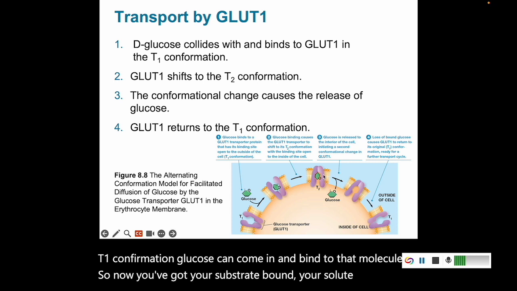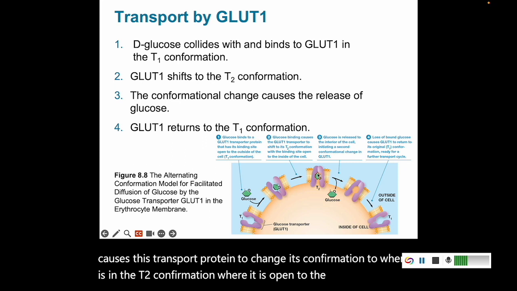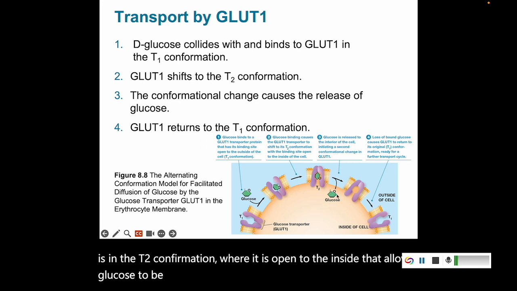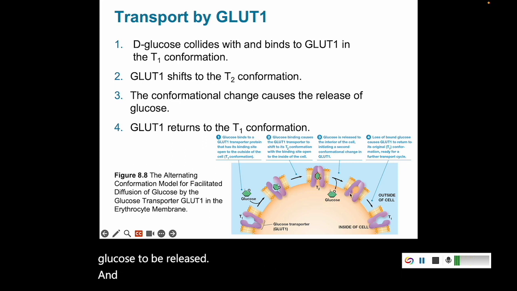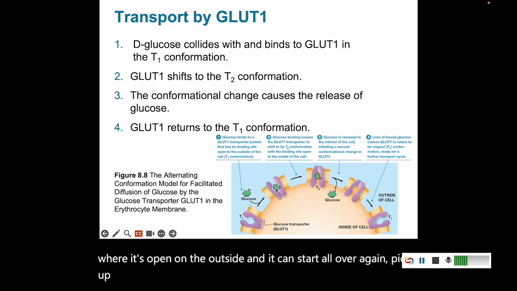That causes this transport protein to change its conformation to the T2 conformation, where it is open to the inside. That allows glucose to be released. And then your empty transporter shifts back to the T1 conformation, where it's open on the outside and it can start all over again and pick up another molecule of glucose.